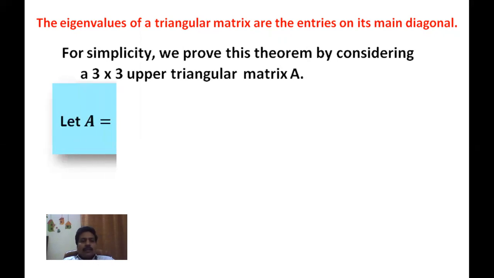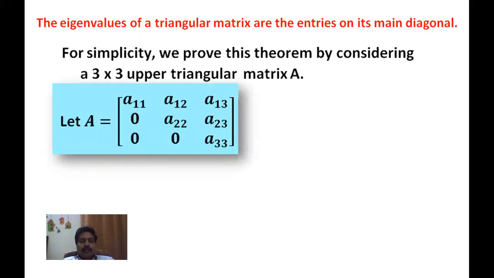So let us consider A equal to A11, A12, A13 in the first row, 0, A22, A23 in the second row, 0, 0, A33 in the third row. Here we can observe that all the entries below the main diagonal are zeros, so it is an upper triangular matrix.